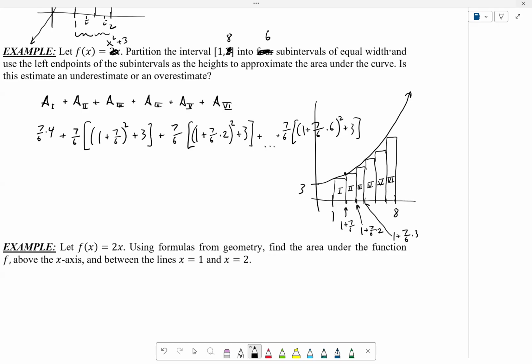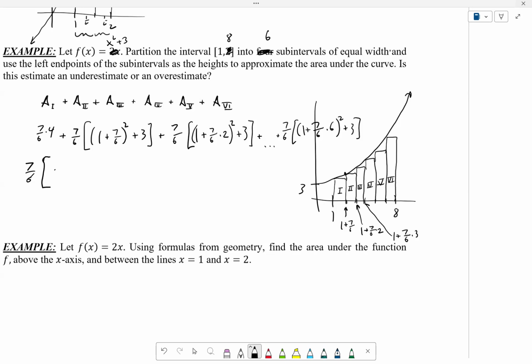Okay, now should I get out my calculator and just plug all that in? You could. Instead, I'm going to simplify this a little bit by first factoring something out, maybe like a 7/6. Let's do that. 7/6 times, I'll do brackets just in case.